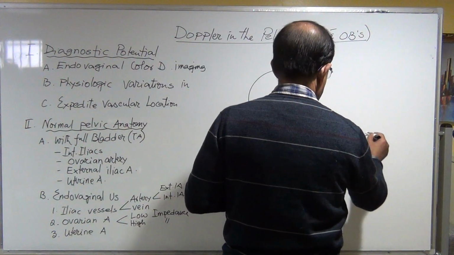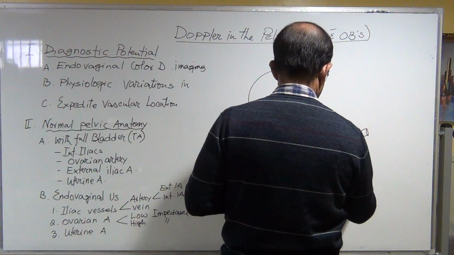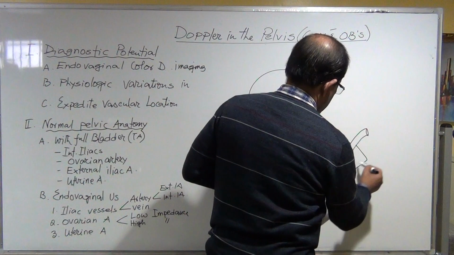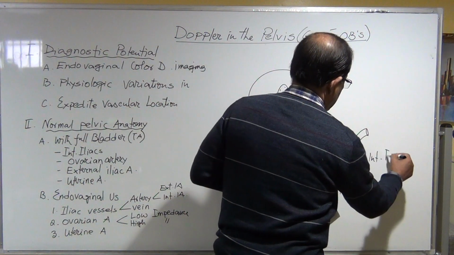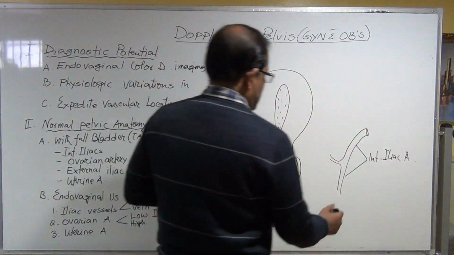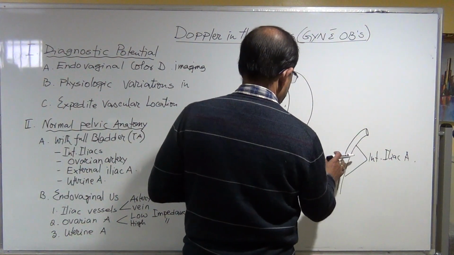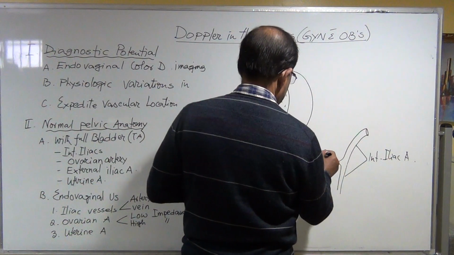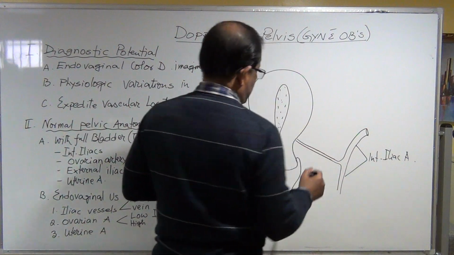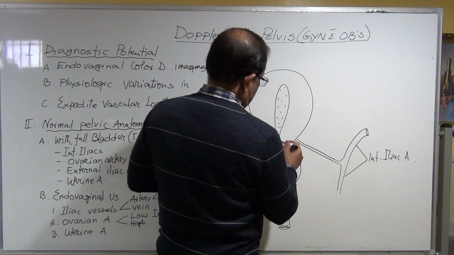I'm just giving the idea. So this is the internal iliac artery or hypogastric artery, and from the internal iliac artery, the artery is going to enter into the uterus at the isthmus level.